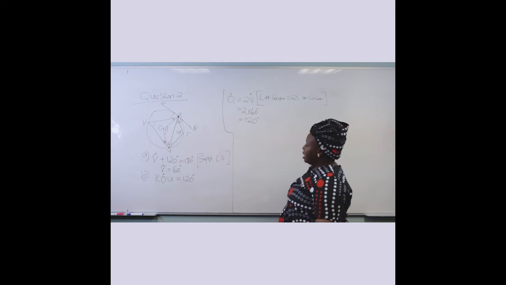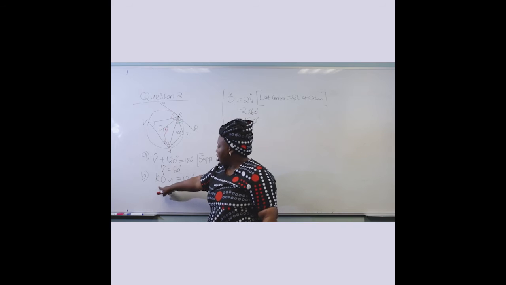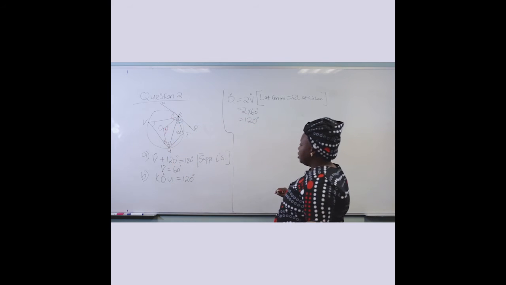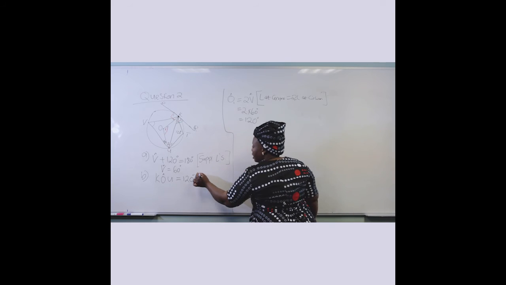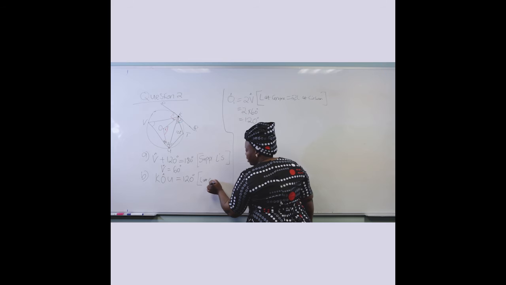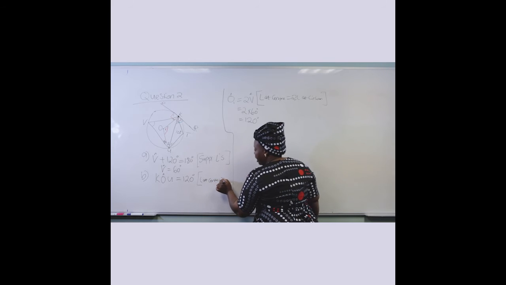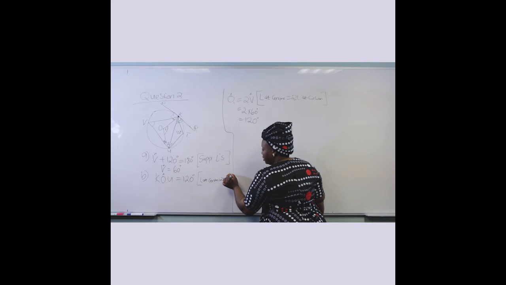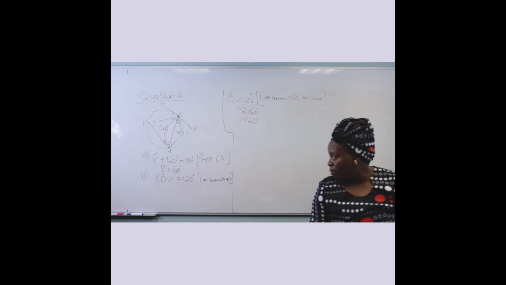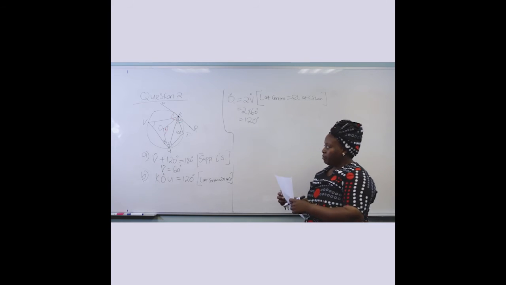So if they say, give the reason of KOU, which is the same as that one, why is it equals to 120? Your reason will be that the angle at center equals 2 times the angle at circumference. And then you get your mark for that. So you need to be able to trace back the information.